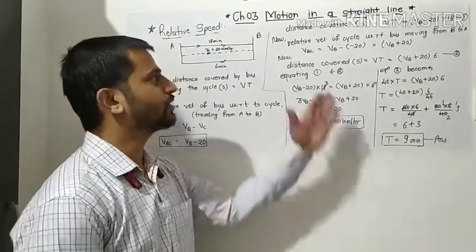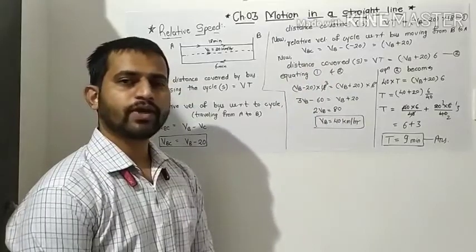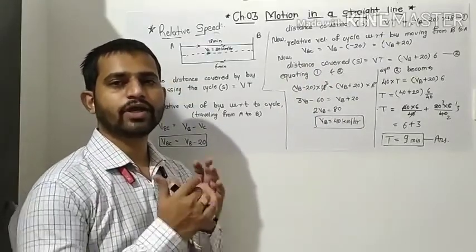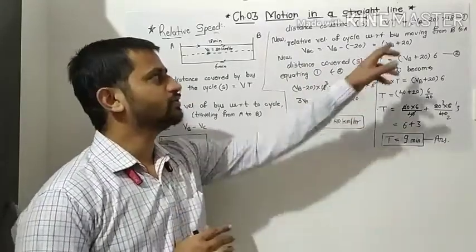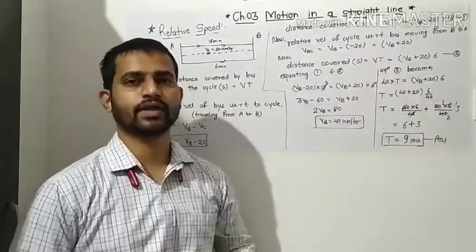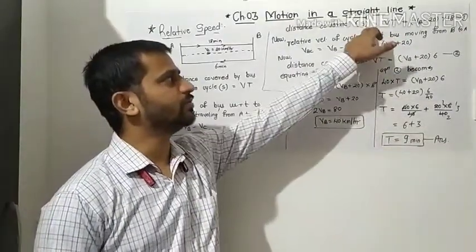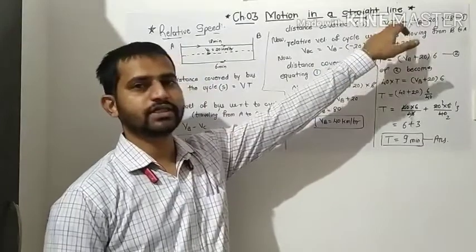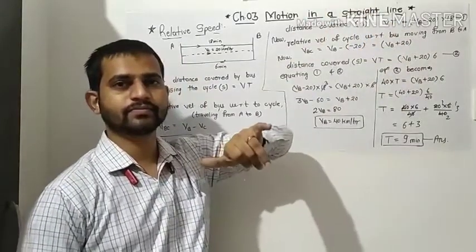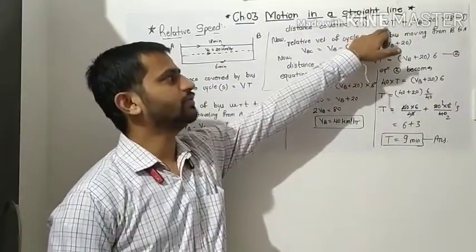Okay, first of all we have to calculate the distance from where the bus will start, either from A to B or from B to A. This will always be the same, there will just be a change in the time as it is given. Then there is the velocity.